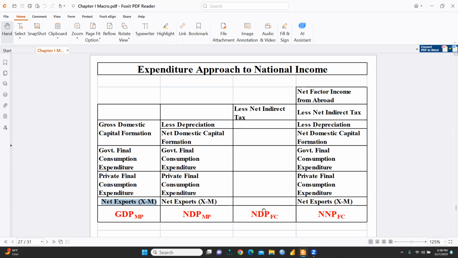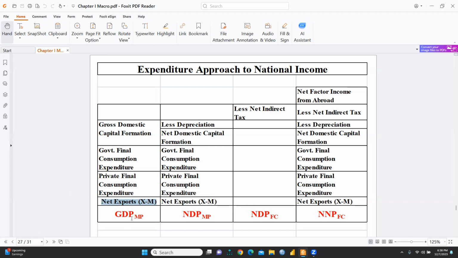We take the difference between these two kinds of incomes, and we get net factor income from abroad. And NNP FC is thus obtained by adding net factor income from abroad, less net indirect taxes, less depreciation. All these three things we have already done. So net domestic capital formation, government final consumption expenditure, private final consumption expenditure, and net exports, that will become your NNP FC.